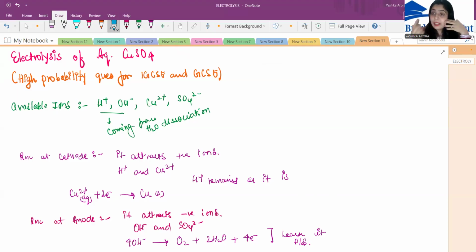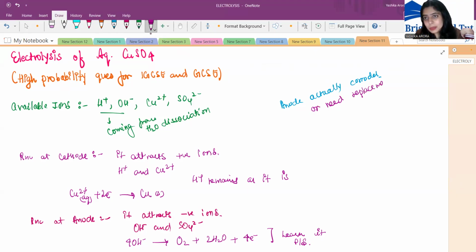I hope it's fine. Next important question is, after some time, the anode corrodes, or we need to replace the anode occasionally for this particular reaction. Why does the anode need to be replaced? This is the most important question, and it comes sometimes. This is a hard question, one of a kind.